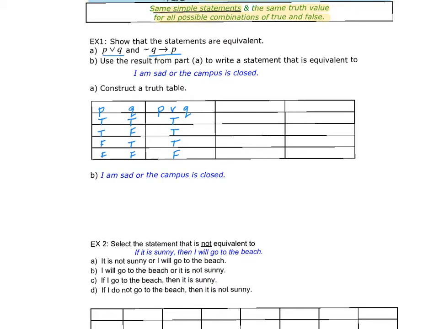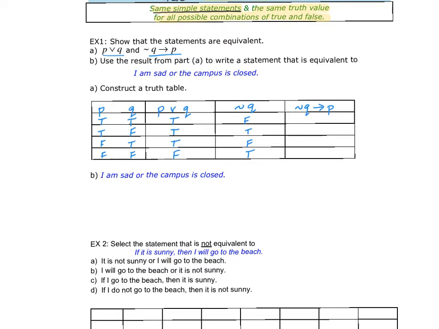Now I'd like to put if not Q then P in the truth table to compare them, but I don't have a not Q listed, so I need to figure out that first. So again, if Q is true, false, true, false, not Q is the opposite, false, true, false, true. I can now figure out the conditional statement, if not Q then P. So remember with the conditional statement, the order matters.